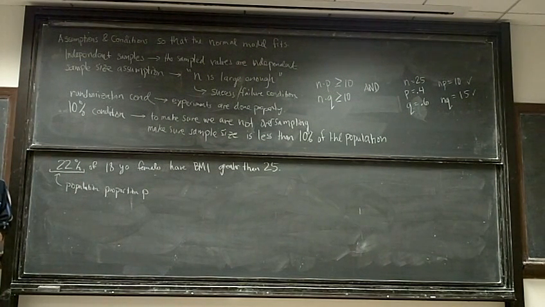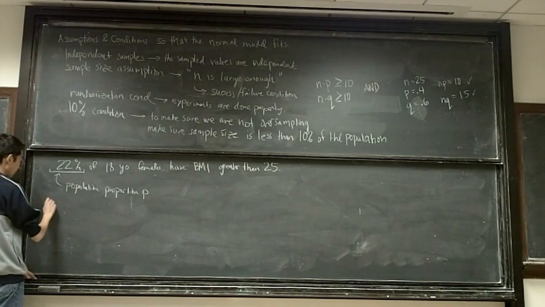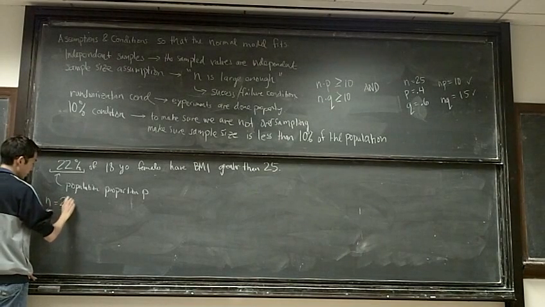So let's say at a college, they asked 200 randomly selected female students to report their heights and weights, so they could calculate the BMIs. So n is equal to 200.